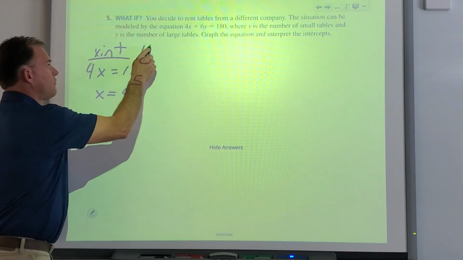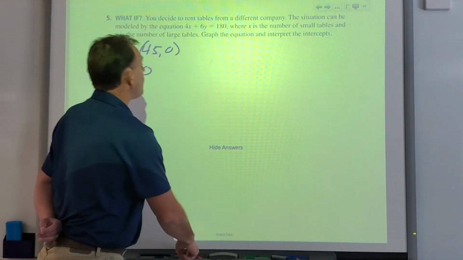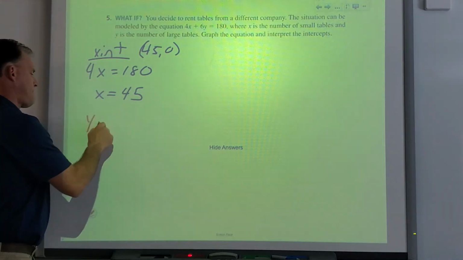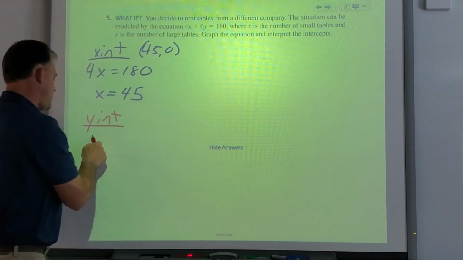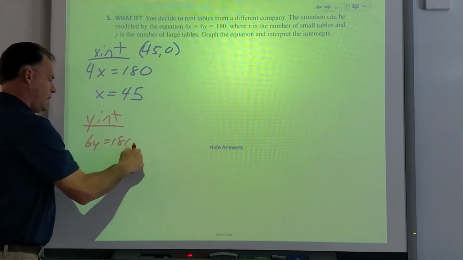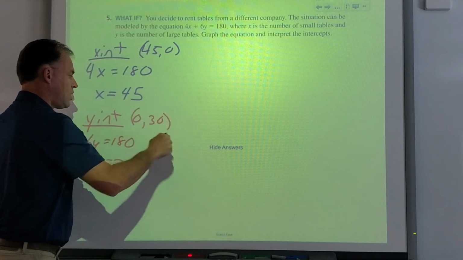So this is 45, 0. If I want to find the y-intercept, put 0 in for x. I get 6y is 180, divide, y is 30, so that's 0, 30.